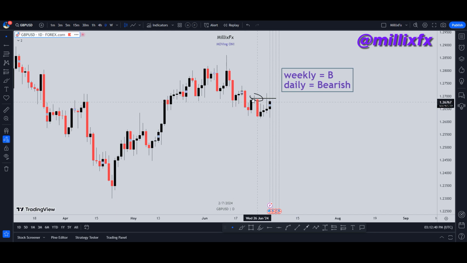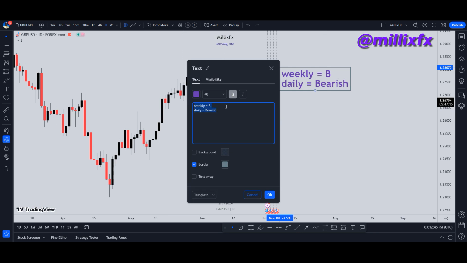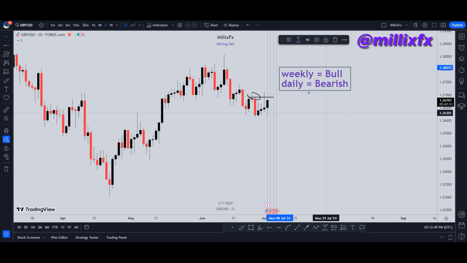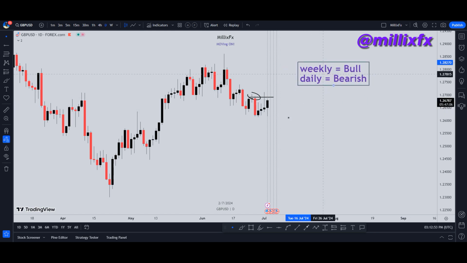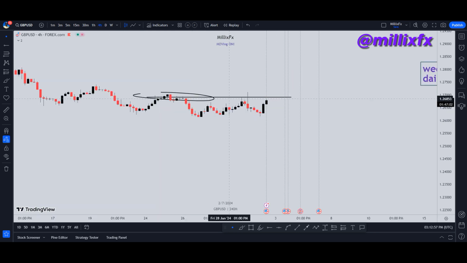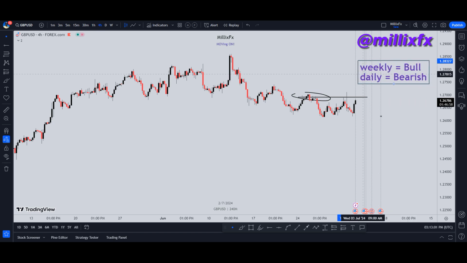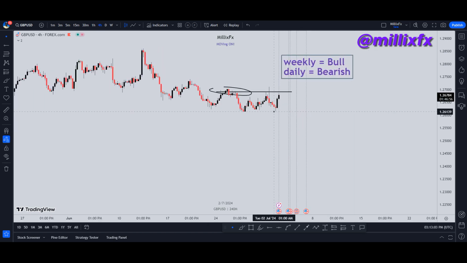All right, so now that we have weekly being bullish and daily being bearish, we want the next time frame to also be bearish. If I find the next time frame, which is the 4-hour, being bearish, then we can look for potential selling opportunities from the lower time frames, which is the 1 hour, the 15-minute, and so on.